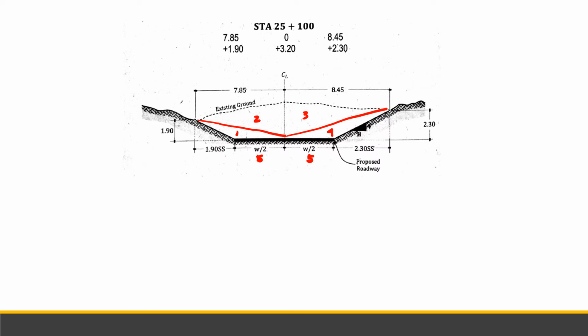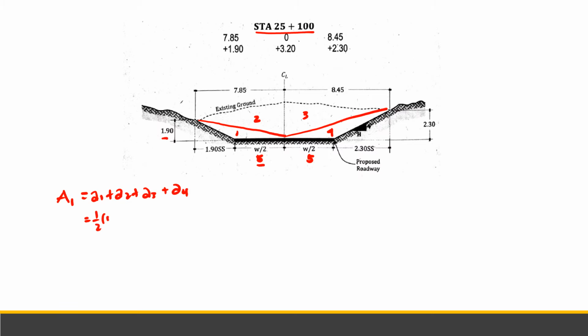So we can now solve the area at station 25 plus 100. So area 1, or the first area, is equal to the summation of the 4 sub areas. We will solve this manually, it's faster. So area 1: base is 5, height is 1.9.